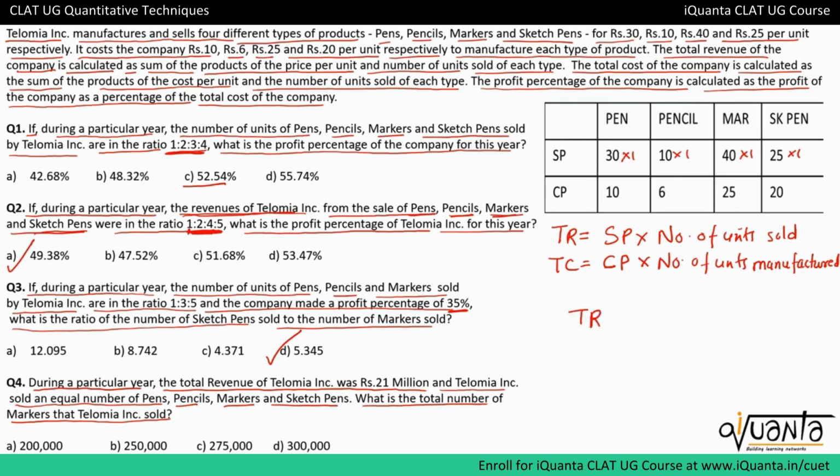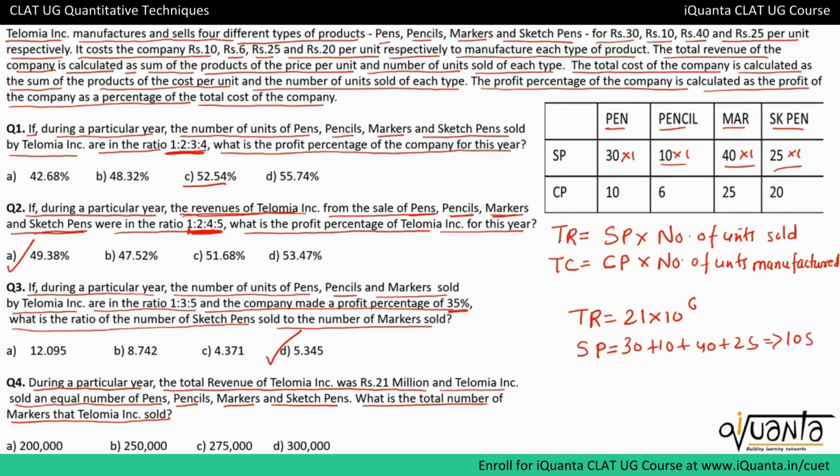Now total revenue given to us is 21 million, that means 21 into 10 to the power 6, and the selling price of 1 unit each of pen, pencil, markers and sketch pens will be 30 plus 10 plus 40 plus 25 from here. So that gives us 105.